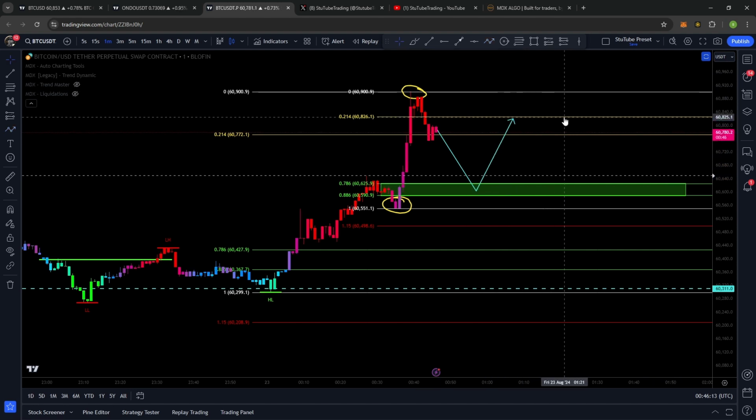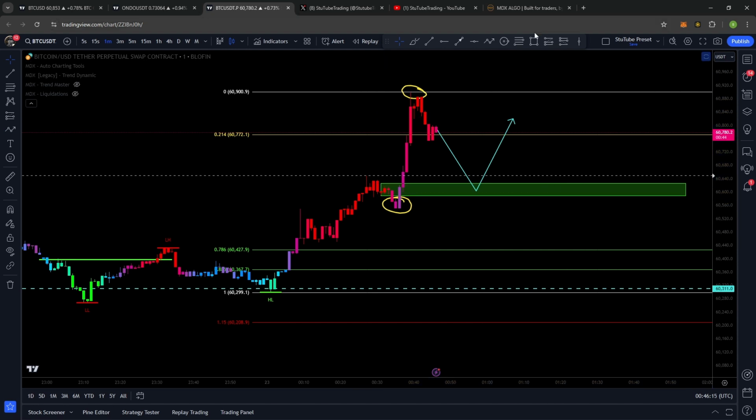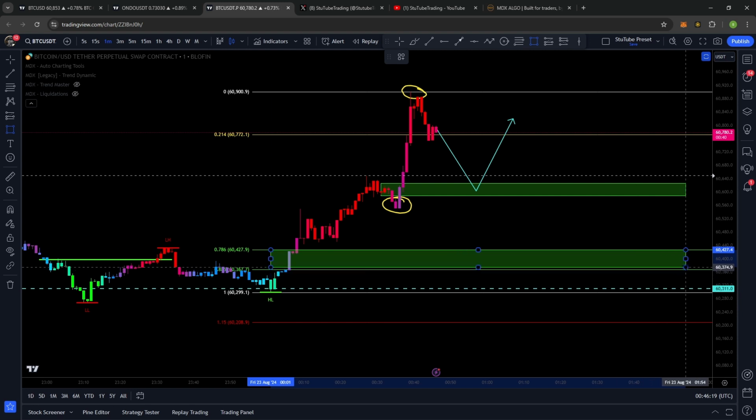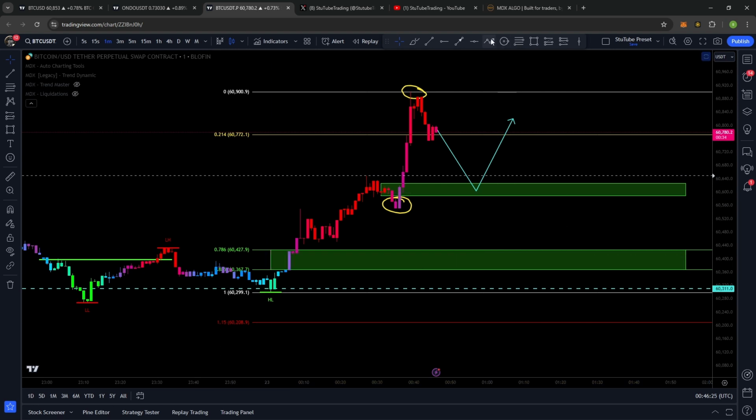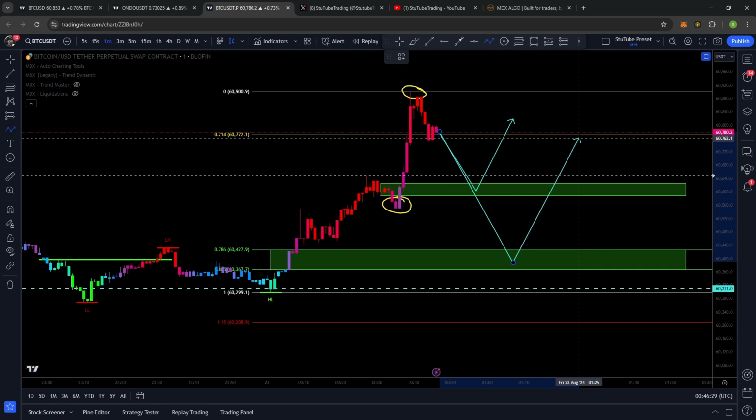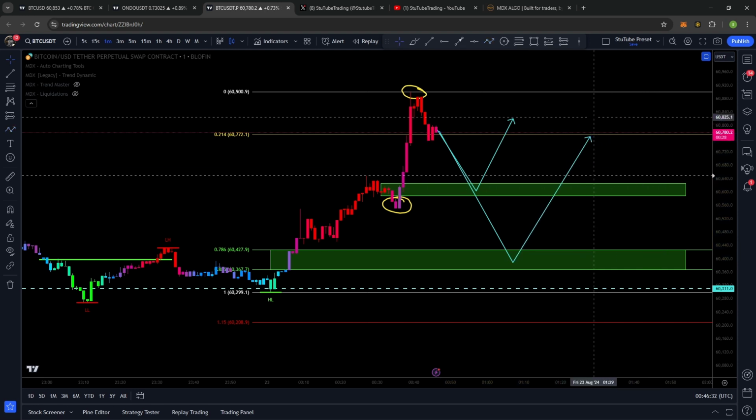Or, let me just remove that. We are looking at support potentially down at this level if we're going to get back to the lower end of this range, something like so, in which case we'd be looking at something more so like that if it is to play out properly, right?